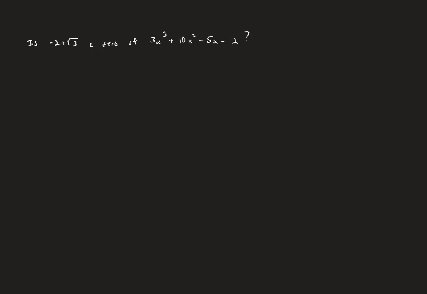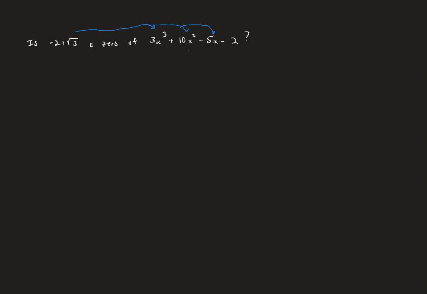Now there are several ways you can do this, and part of this you're going to have to make a choice which you think is the easiest or the most efficient way, and not everybody always thinks it's the same. So the first way we could do that is I could just brute force that and plug it in everywhere we see an x. I don't think anybody's going to really like this one, because you're going to have to take that negative 2 plus square root of 3 times itself 3 times, and that's kind of daunting.